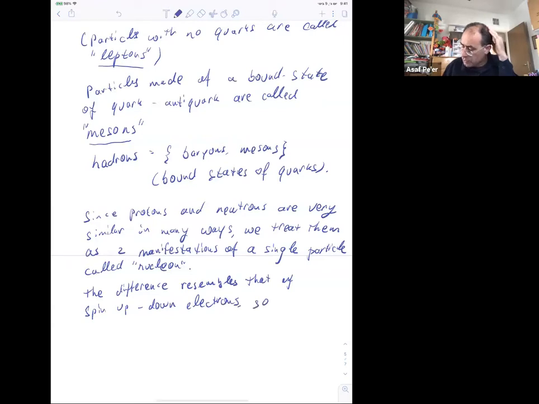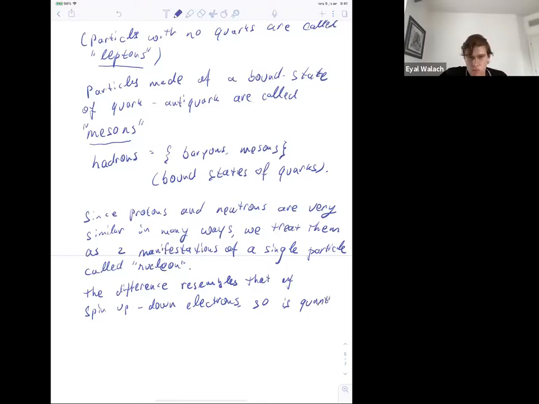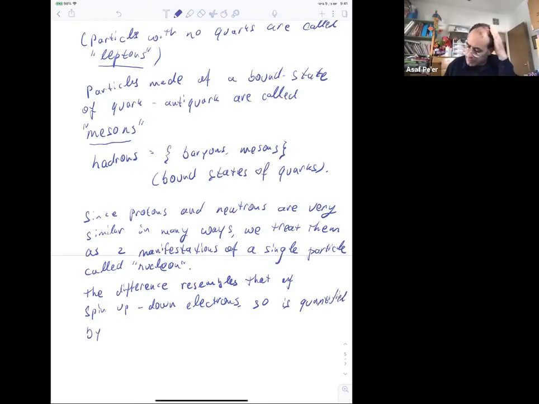It is quantified by the term isospin. In fact, the mathematical structure of isospin is identical to the mathematical structure of spin.